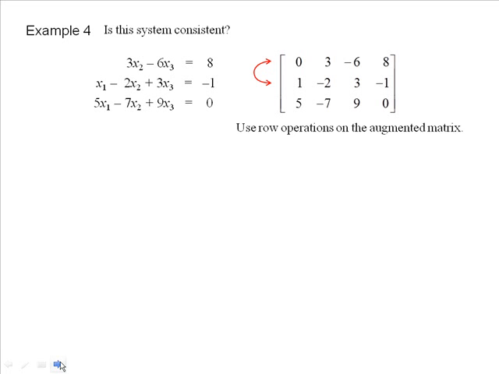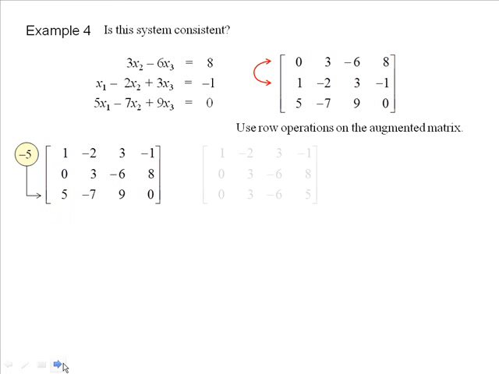So we'll interchange rows 1 and 2, and we produce this matrix. Now we want zeros underneath the 1s. So the first spot underneath is already a 0. So now I need to change this 5 to a 0. So I will multiply the first row by -5 and add it to the third row. And we get this matrix.